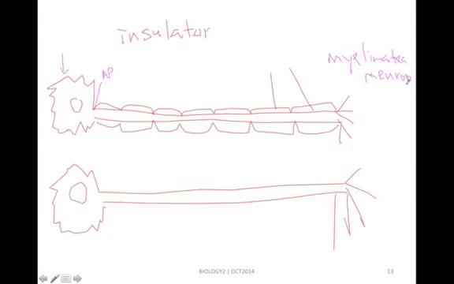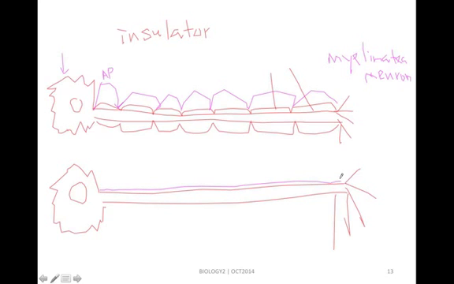Pardon the spelling. This pencil is not very high resolution. So the action potential will be jumping from here, node to node. In an unmyelinated neuron, basically the action potential will be traveling across like this.